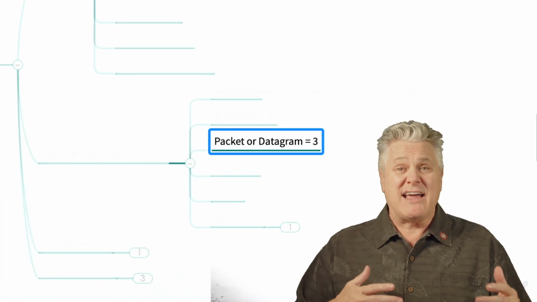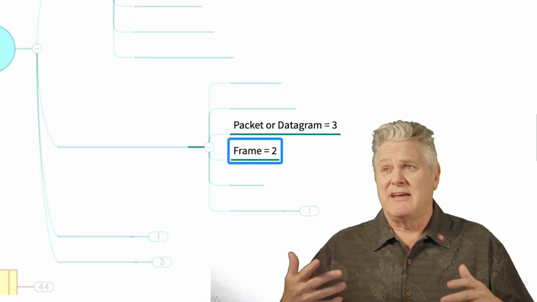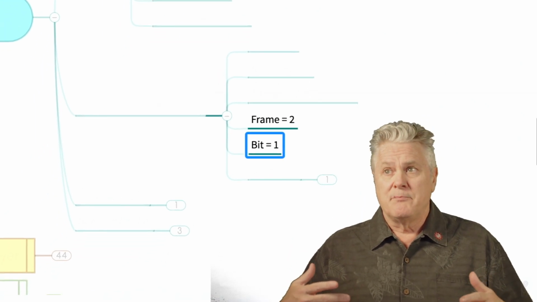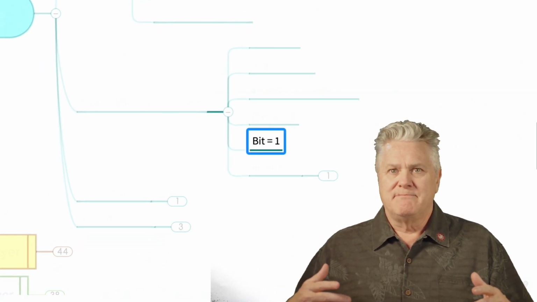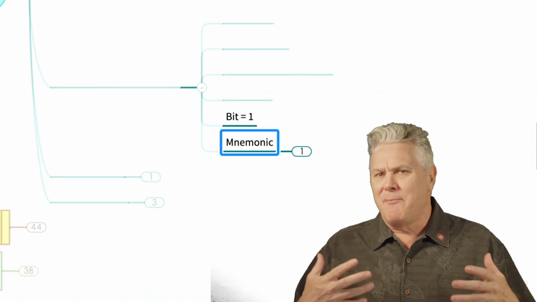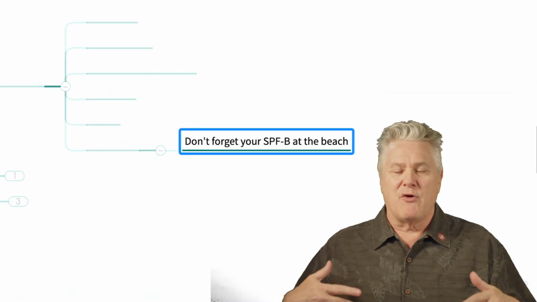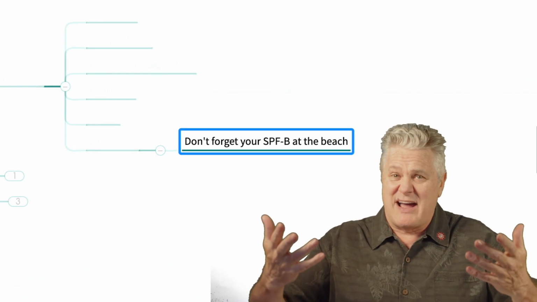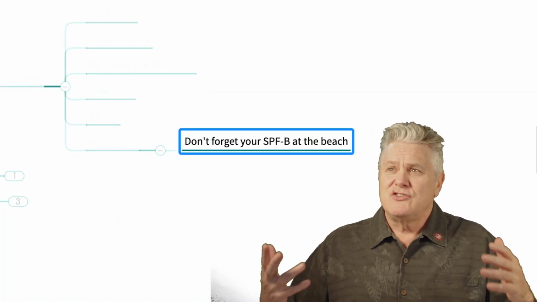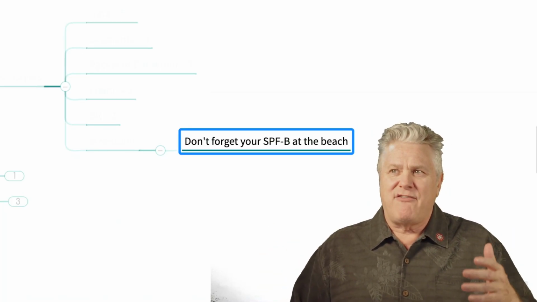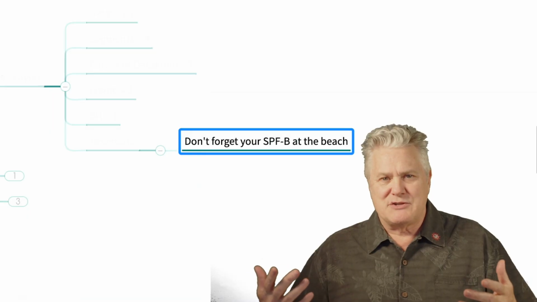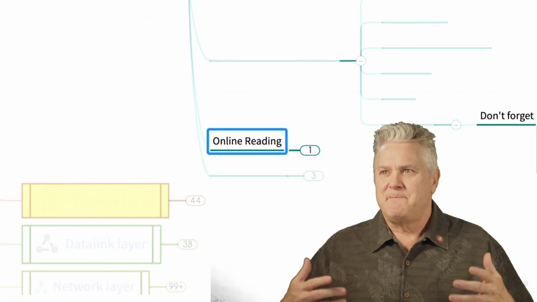They'll talk about packets or datagrams at layer 3, frames at layer 2, bits at layer 1. Now, my mnemonic for this was set up for me by somebody else, and so I give it to you, and that is, don't forget your SPFB at the beach. And I hope that helps you remember that.